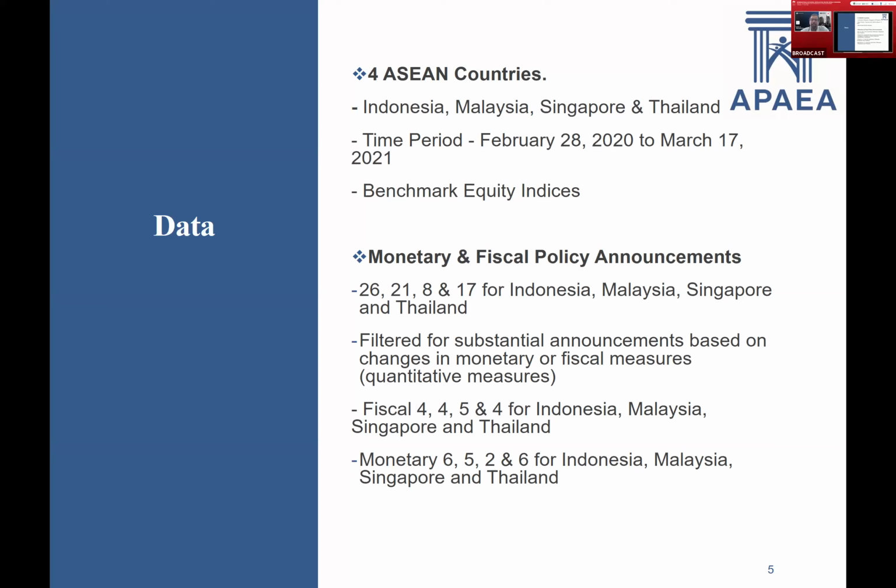While in the case of monetary policy, there were 6 by Indonesian policymakers, 5 by Malaysian policymakers, 2 by Singaporean policymakers, and 6 monetary policy announcements with substantive quantitative measures during the sample period.